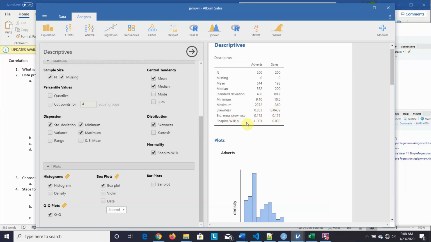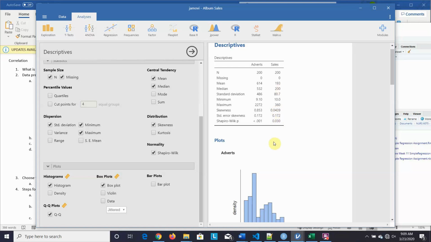Although when we look at our significance tests for normality, they both come out as significant. Adverts is definitely significant, and sales is still below 0.05. That's one of the reasons I like to look at skewness divided by the standard error of the skewness: Shapiro-Wilk and Kolmogorov-Smirnov can sometimes be a little bit conservative and give a significant result.